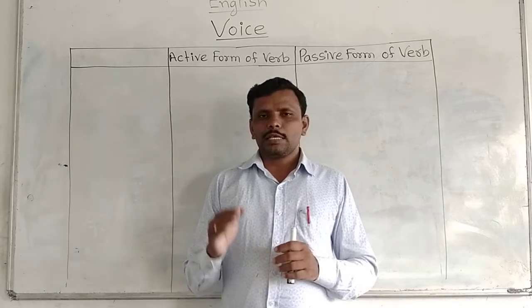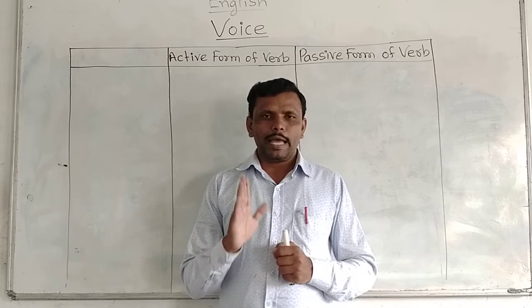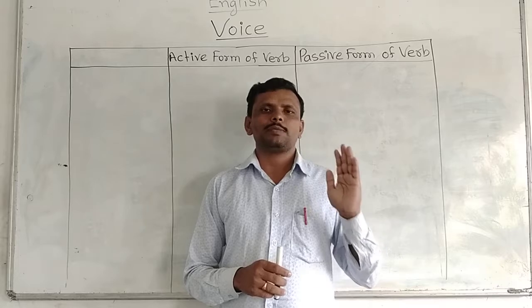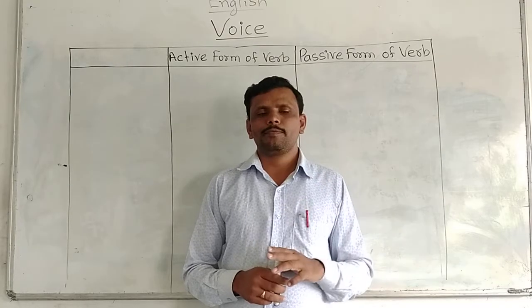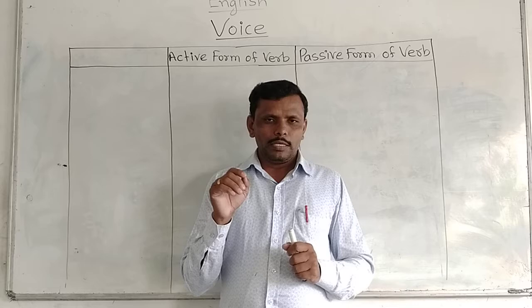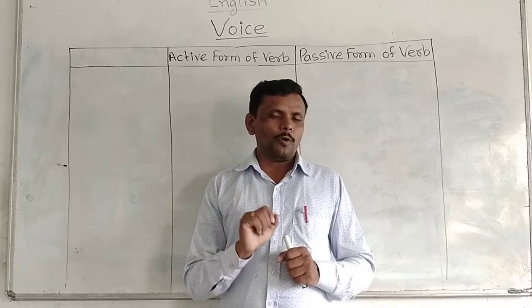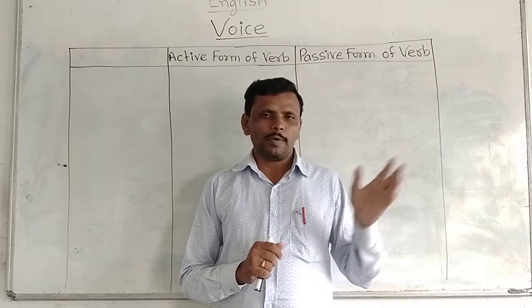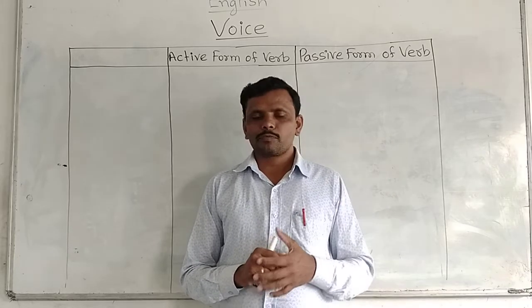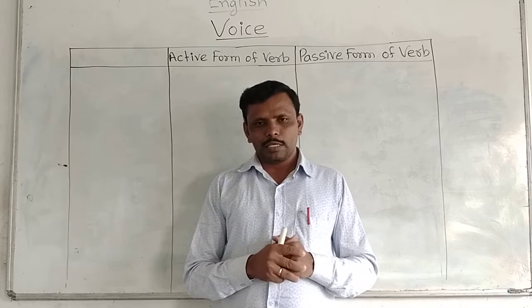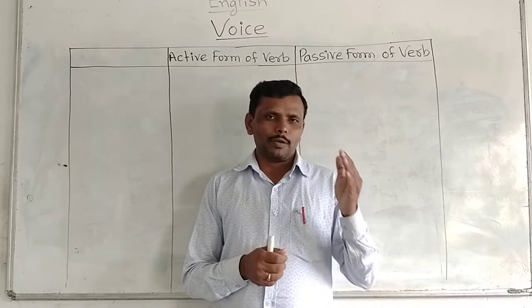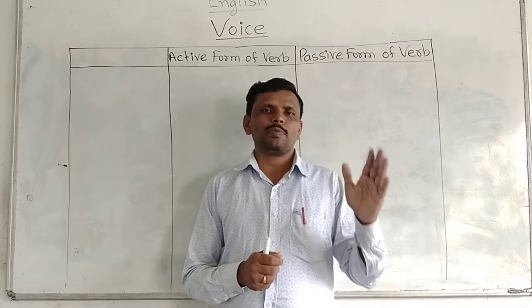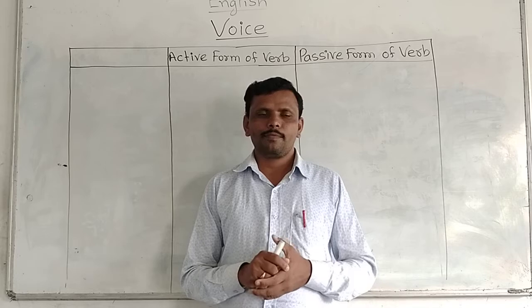Present perfect tense, the active form is have/has plus V3, and the passive form is have/has plus been plus V3, correct? In simple past tense, the active form is V2 and its passive form is was/were plus V3. Past continuous tense, the active form is was/were plus V4 and the passive form is was/were plus being plus V3, correct?